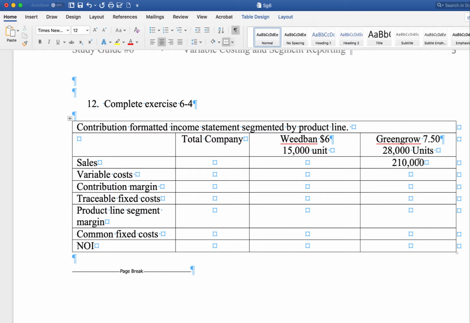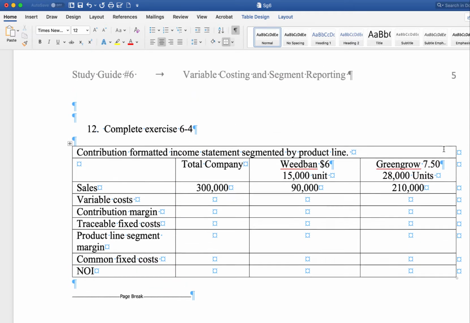We end up with $90,000. So what's our total sales? Well, the total company sales, we need to include both green grow and weed ban. So we're going to add up the 210,000 plus the 90,000, and we end up with $300,000. Okay. Now the variable costs. The book tells us, or they give us, what the variable costs are for weed ban and green grow.